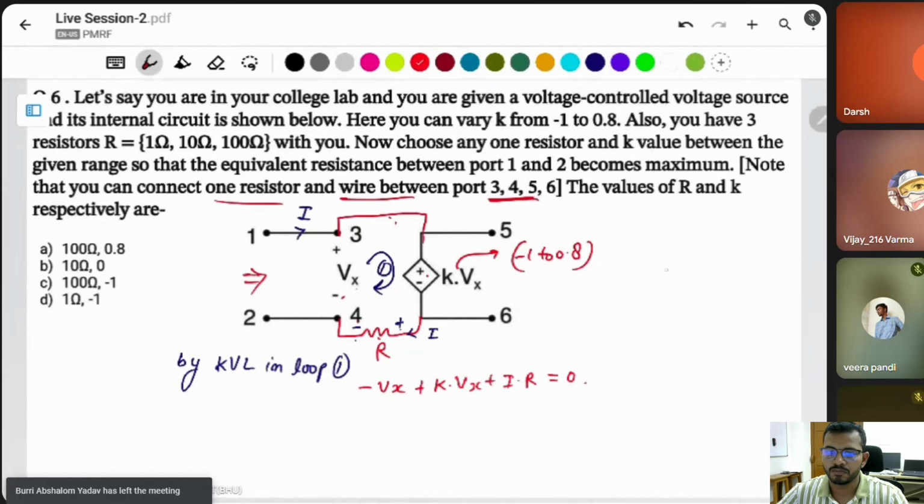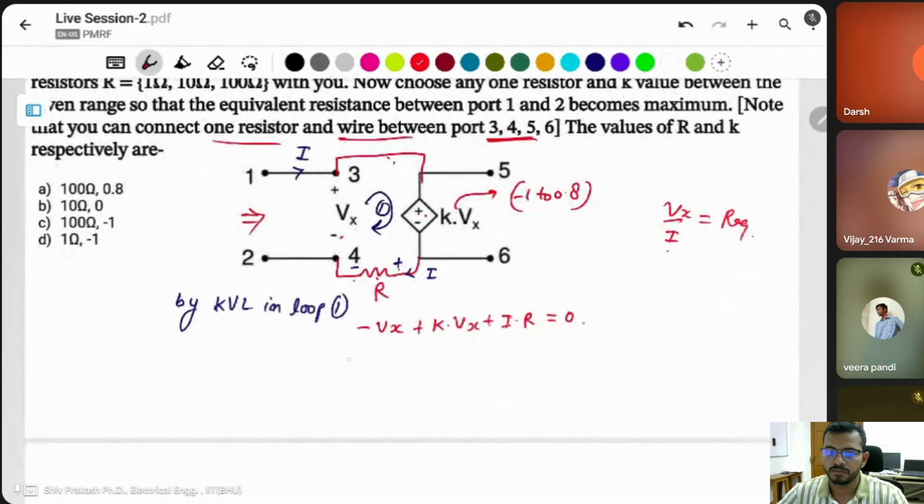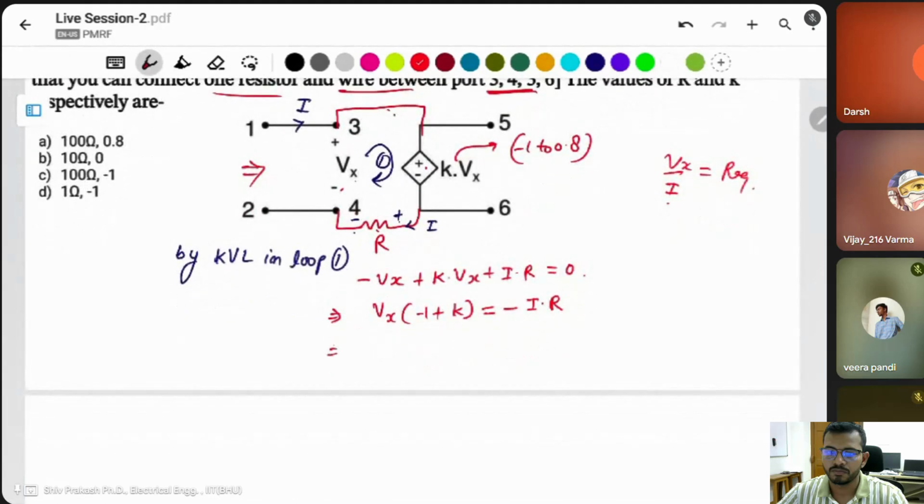Resistance we know is V by I. Here V is Vx. You have to find Vx by I. How can you find this one? Vx you can take common. This will be minus of (1 plus K) Vx is equal to minus of I into R. You can multiply the whole equation by minus.